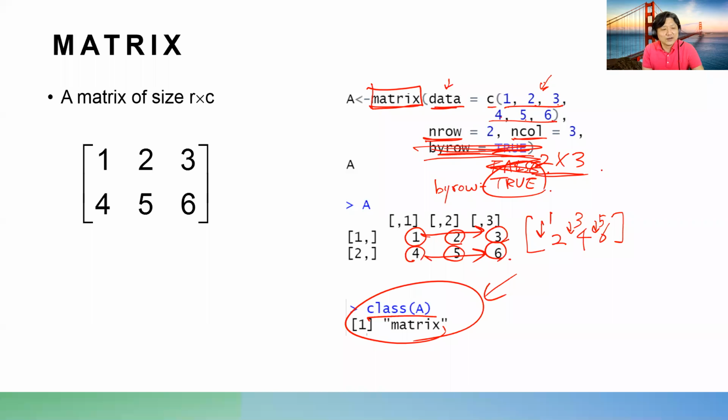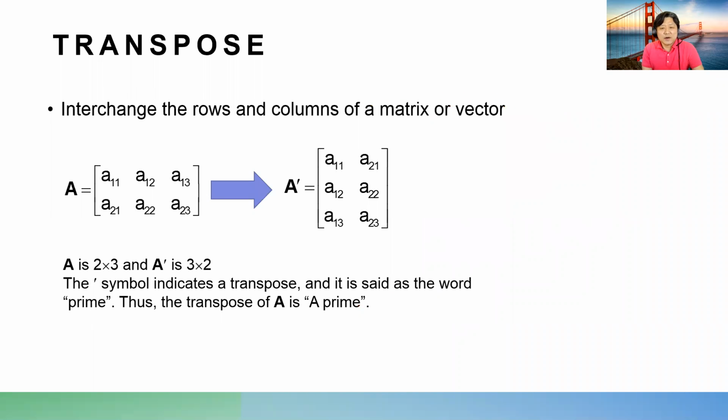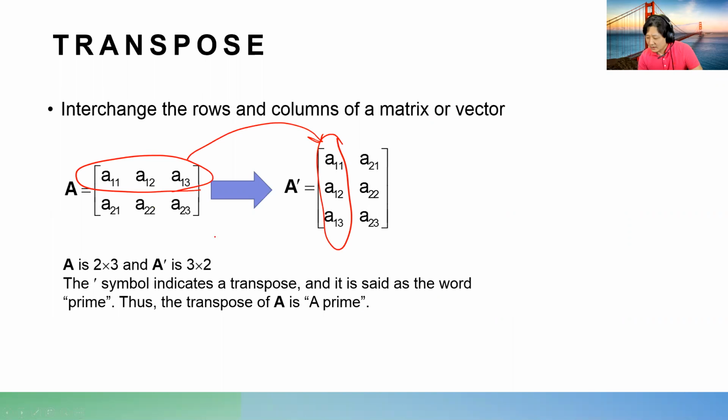Good. Right. Next, let's talk about the transpose. Transpose is when you interchange the rows and columns of a matrix or vector. So you can shift, right? The first row goes to the first column, and the second row goes to the second column.